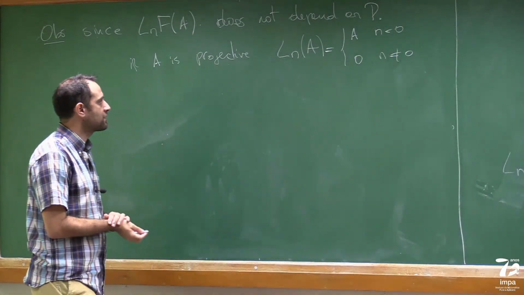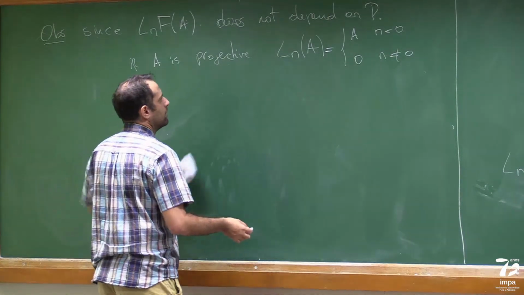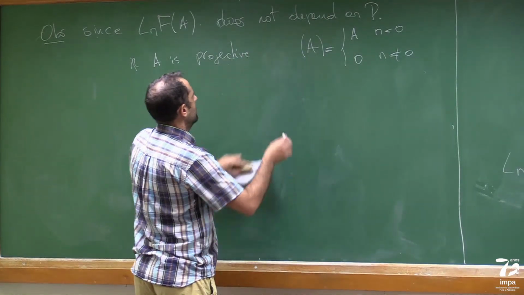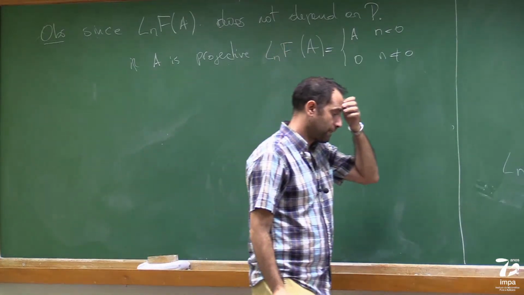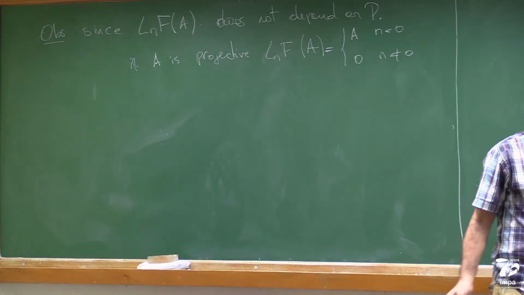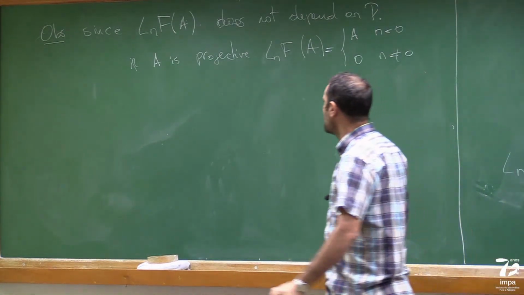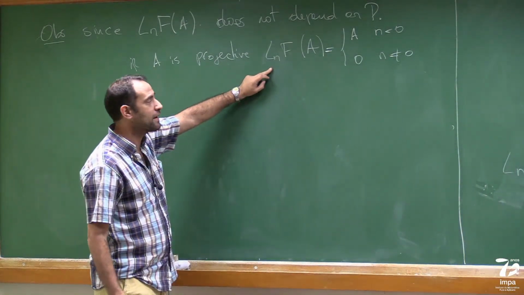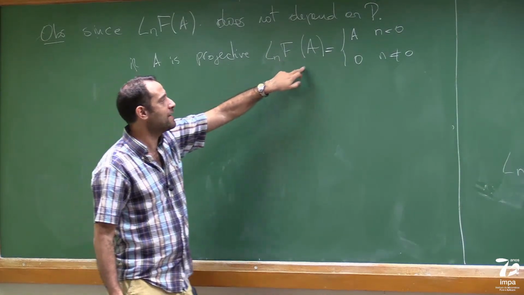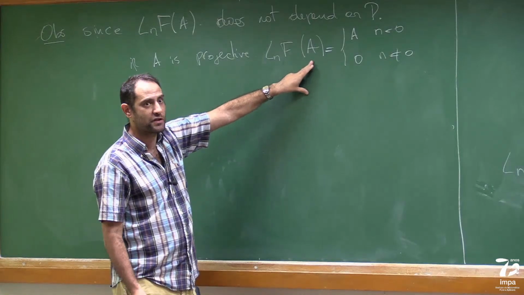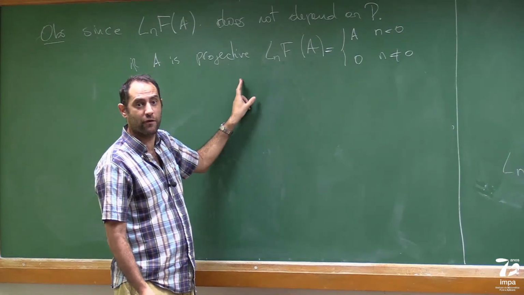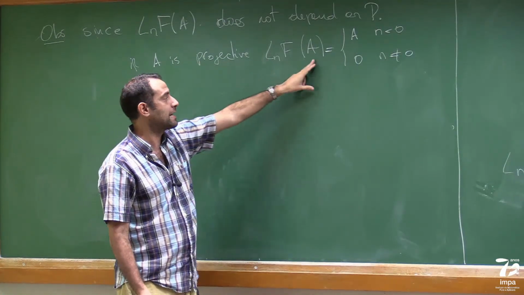Well, actually, let's prove that, because I haven't really proved this yet. What I'm proving is that L_n F of A is 0 if n is non-zero. That's clear, because the projective resolution is going to have 0 away from degree 0, if I take A to be projective.